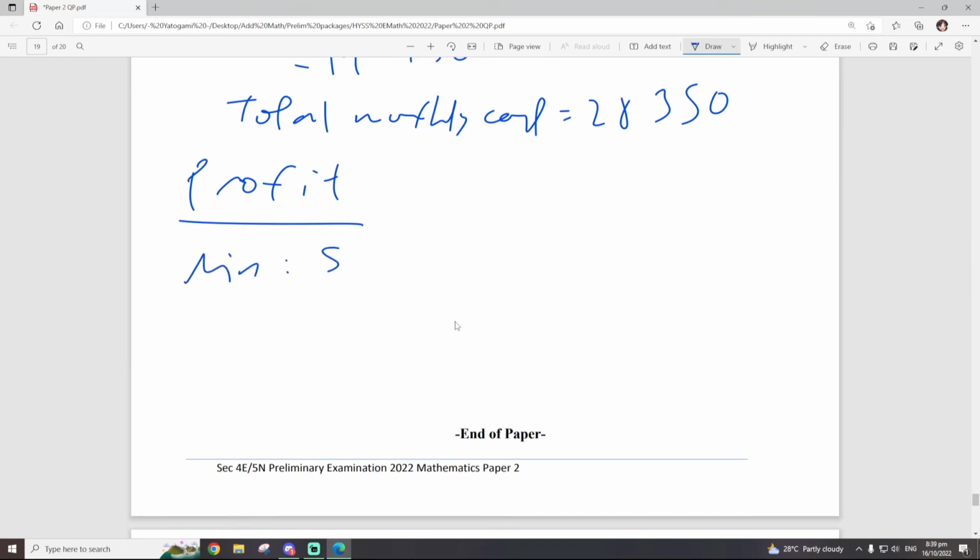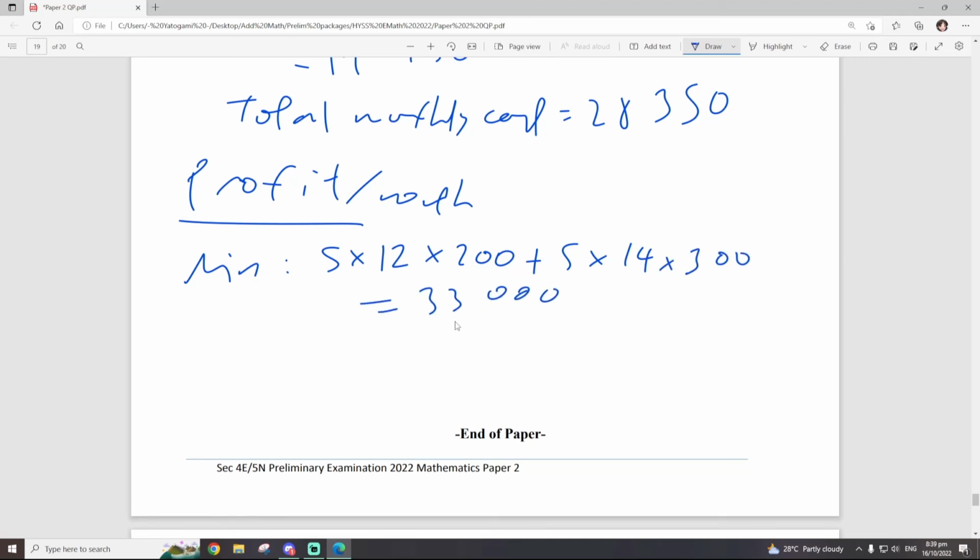It will be 5 times 12 times 200 plus, per month, I should say, 5 times 14 times 300, and this is 33,000. Okay, this is revenue actually, revenue without accounting for costs.